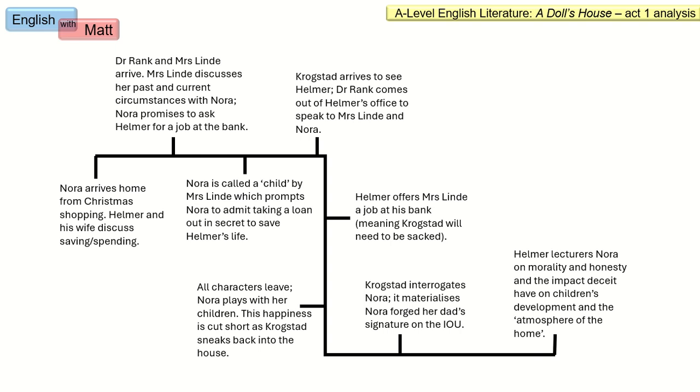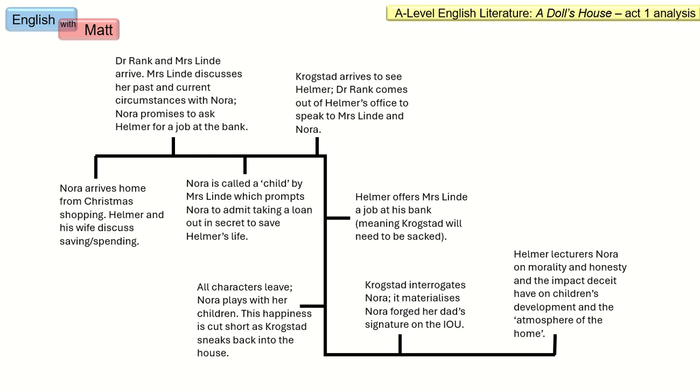And Helmer, in his role as a lawyer, occupying a role of credibility in terms of morality and honesty, says that if parents invite their children to live and breathe in a home that has an atmosphere of deception and decay, it means that the children are also going to grow up crooked as well.